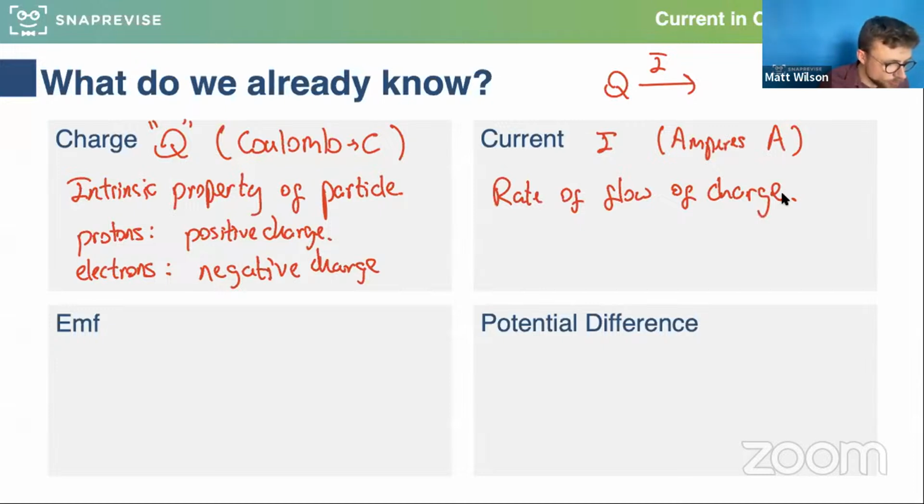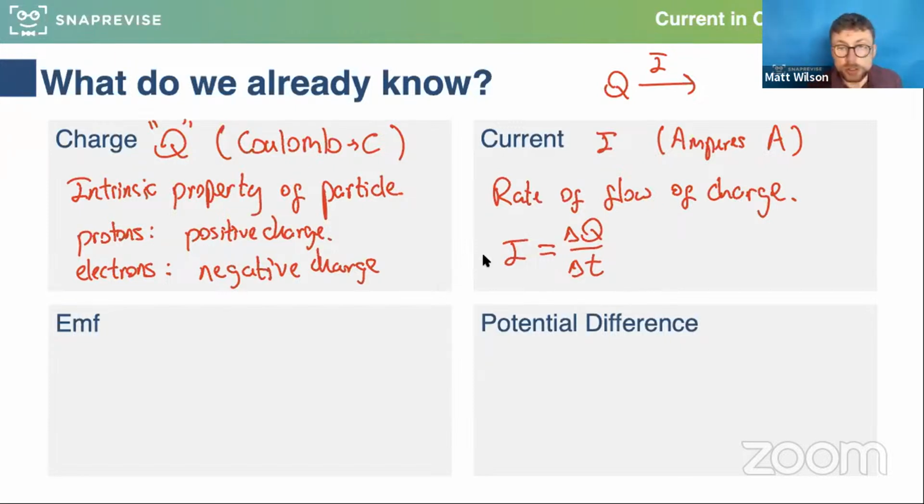Okay, good. Rate of flow of charge. And whenever you see rate of flow, that is secretly a mathematical definition hiding in words. So this thing here, rate of flow, means, well, the rate means some change in time, rate of flow of charge. So it's the rate of change in charge with change in time. So our current is the change in charge over change in time.